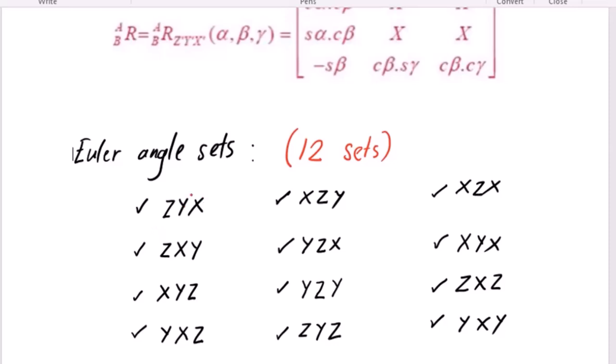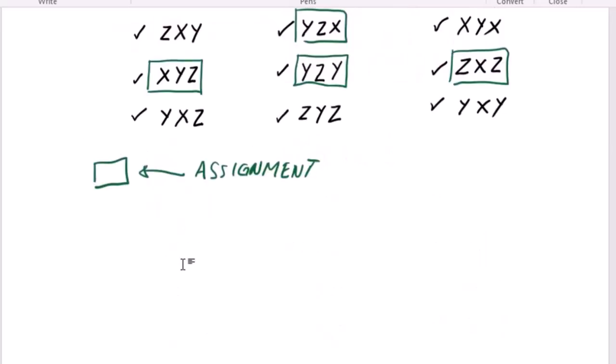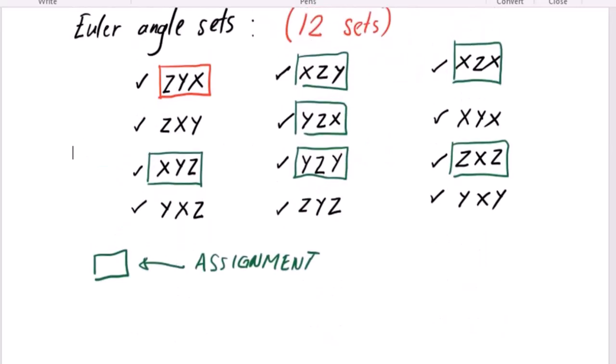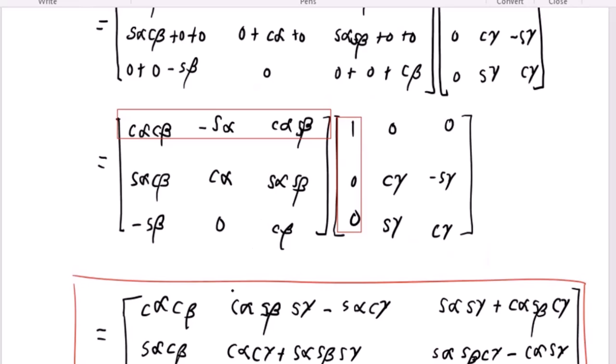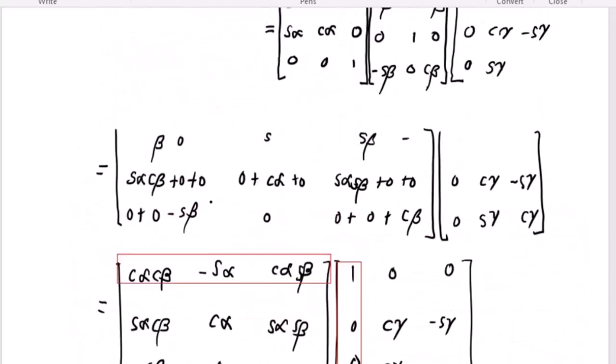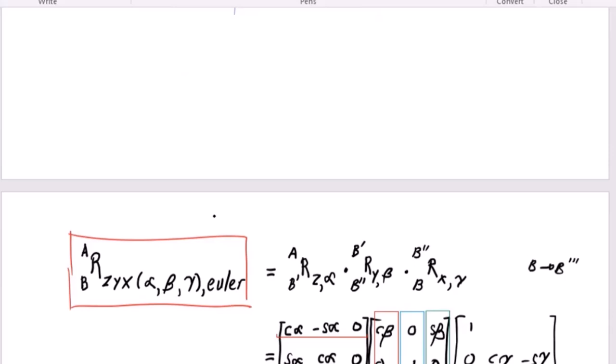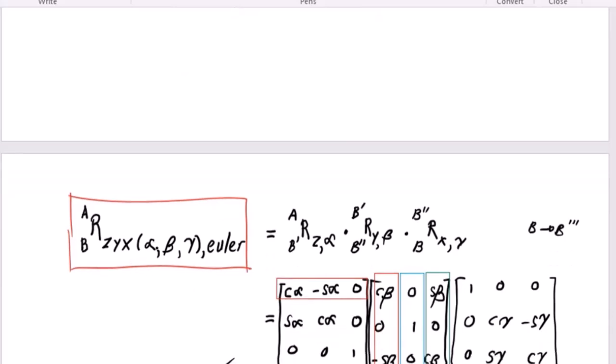Okay, we are done with the Euler. Now we go to the fixed angle. For the fixed angle, by the way, let me go back here. Normally, alpha, beta, gamma is given, for example 5 degrees, minus 10, minus 20.